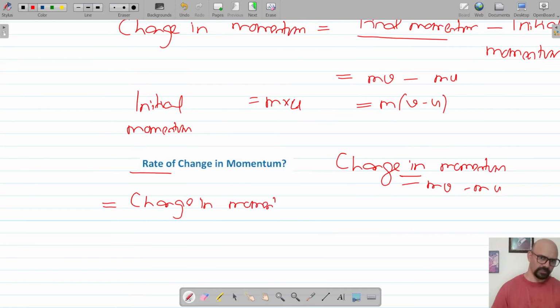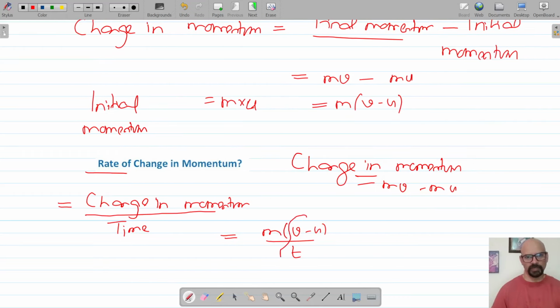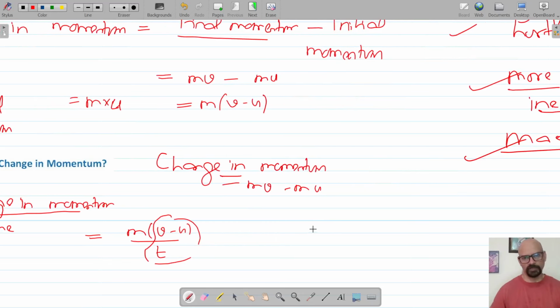So whenever there is a rate, you have to divide the change by the time. So change in momentum is given by m into v minus u and time is t. So v minus u by t, we have already discussed it in the motion chapter. It's the rate of change of velocity.